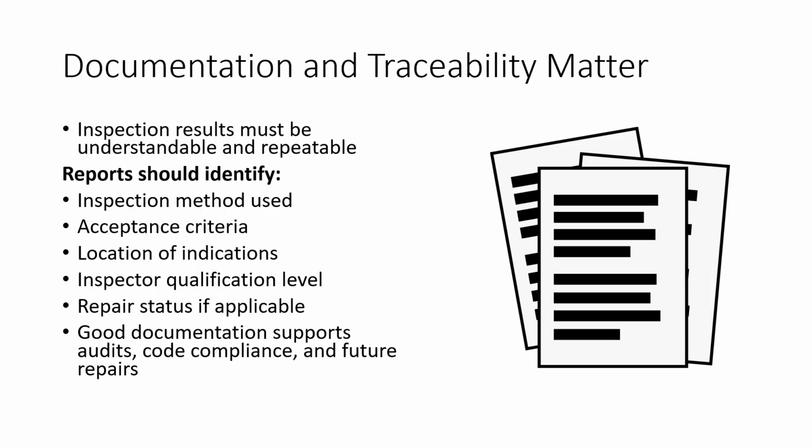And good documentation is going to support audits, code compliance, and our repairs. If you have a good report, me as the welding engineer, I take that report and figure out how I'm going to get my guys to chop in there and fix the weld. So documentation and traceability, man, big things, really matter.